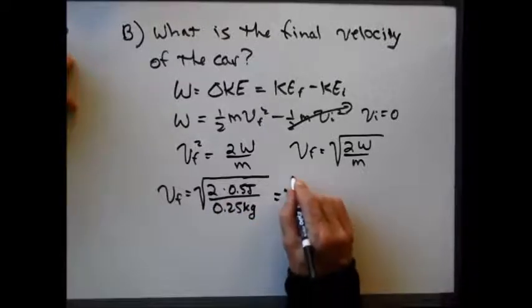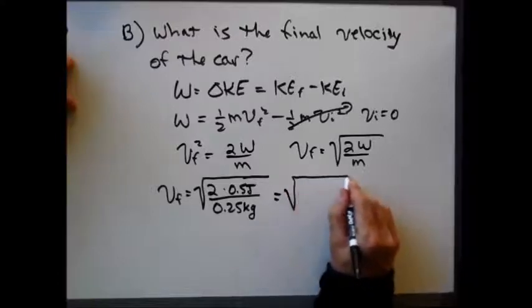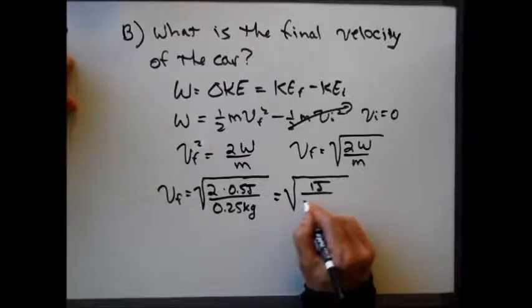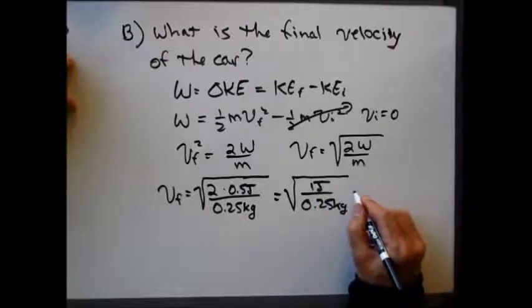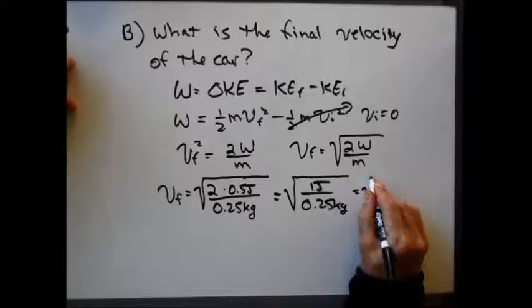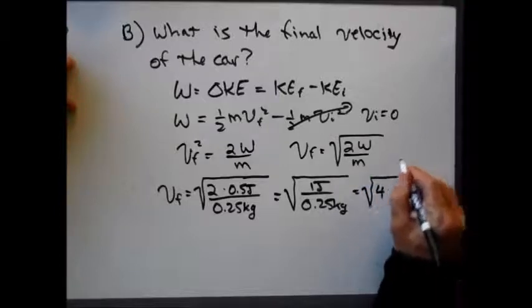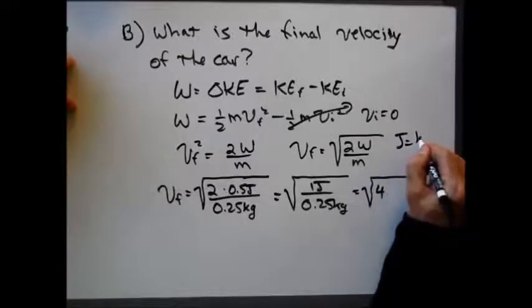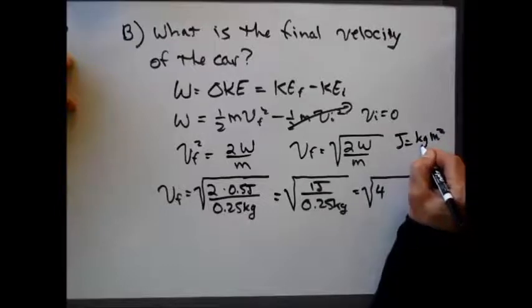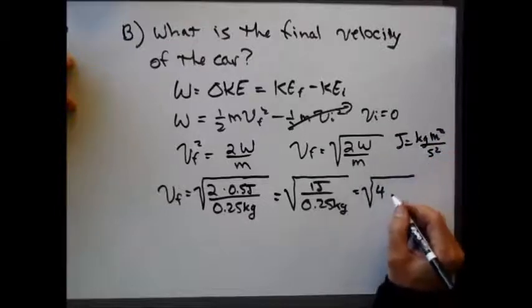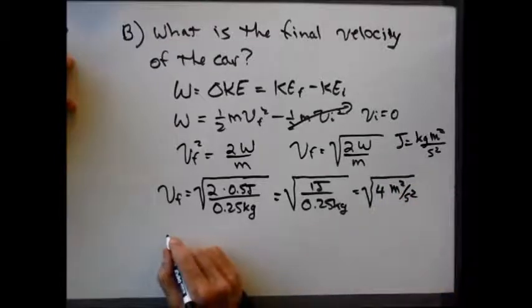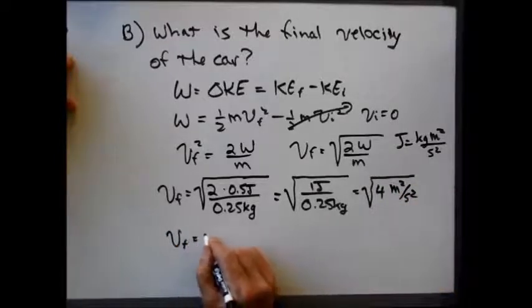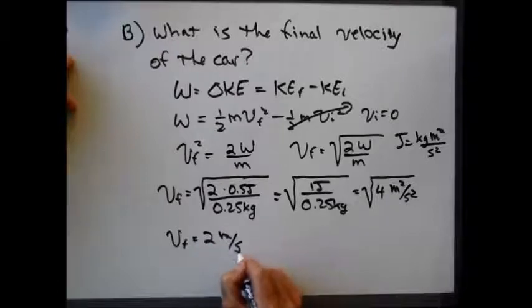And so this is the square root of 1 joule over 0.25 kilograms, and that's equal to the square root of 4. If you remember, a joule is equal to kilogram meters squared over seconds squared. And so this is just 4 meters squared over seconds squared, or v final is equal to 2 meters per second. That's the final velocity of my car.